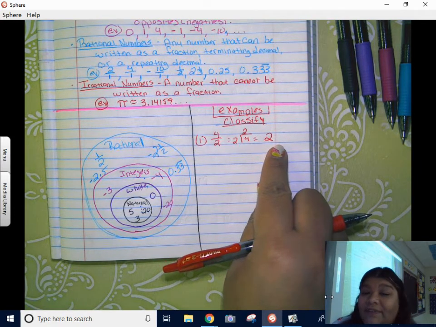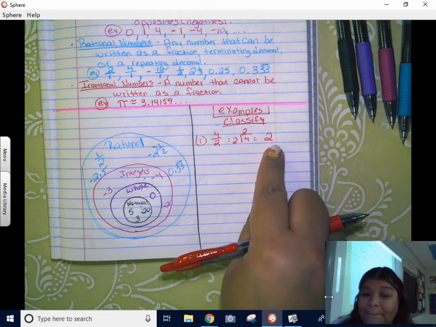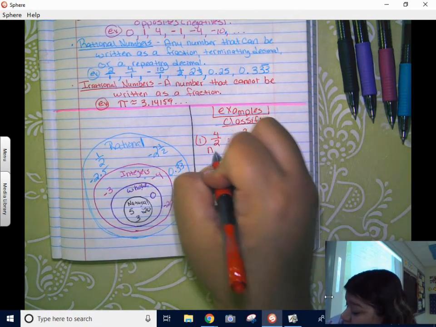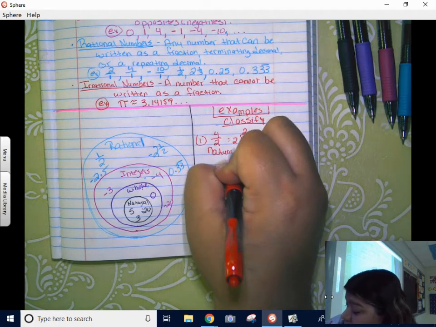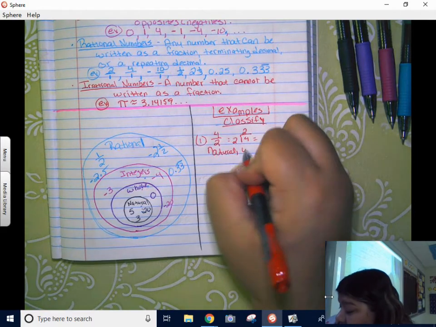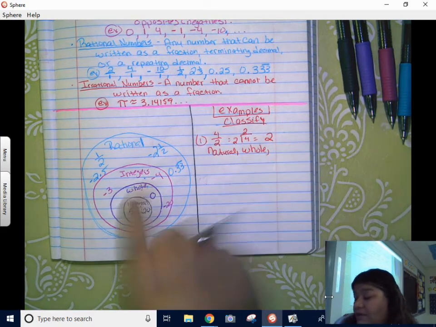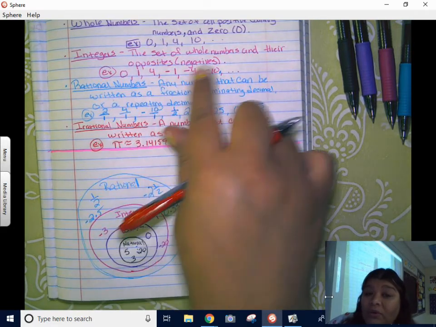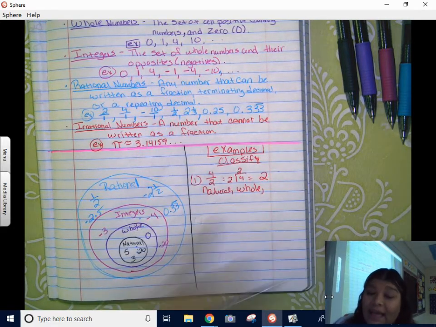And how do I classify the number 2 now? Is it a natural number? Yes. Is it then a whole number? Yes. Is it also an integer? Yes, because you remember integers are all the whole numbers, which this is, and the opposite.